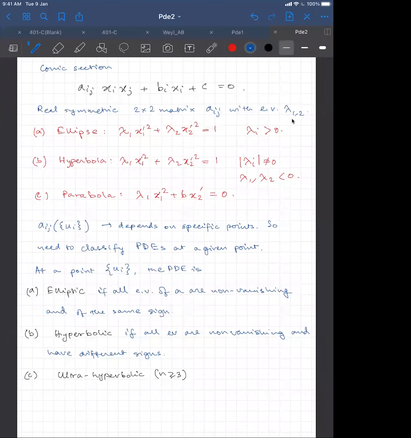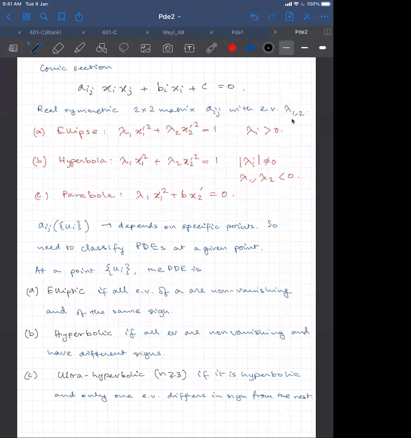This is the case if it is hyperbolic and only one eigenvalue differs in sign from the rest.